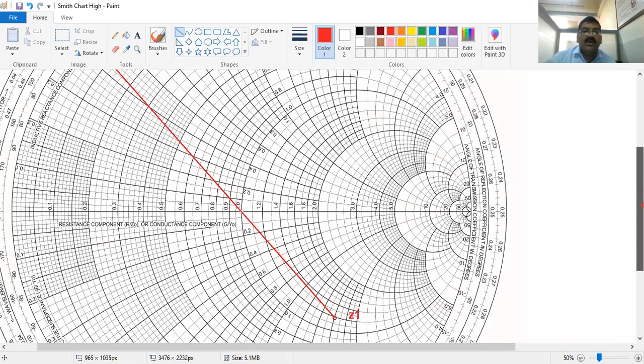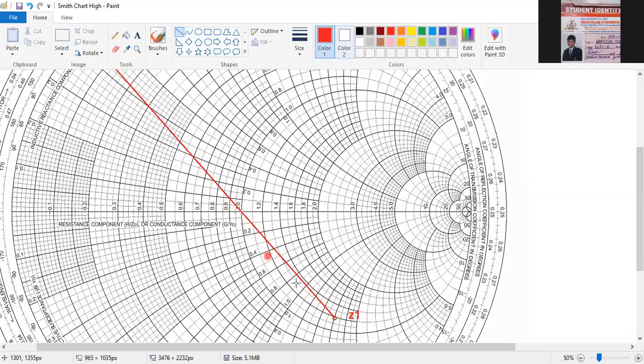Now, what you have to do, you just take a rounder. I'll just explain the procedure. You take the metal part of the rounder, put it here, and the pencil you can put here. So you will get this radius from 1 to z1 in your rounder.